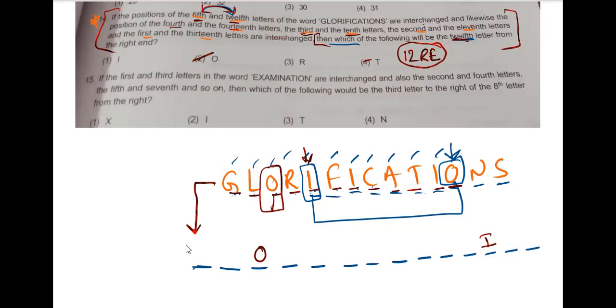And just think once, we are again disturbing these letters. Sorry, fifth place. I have written in third place. Okay, this is the fifth place, right? This is O. Yes, sir. Okay.